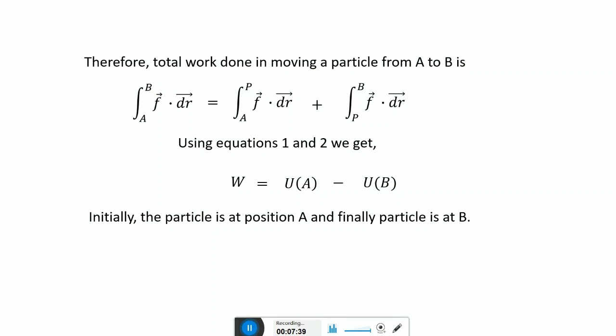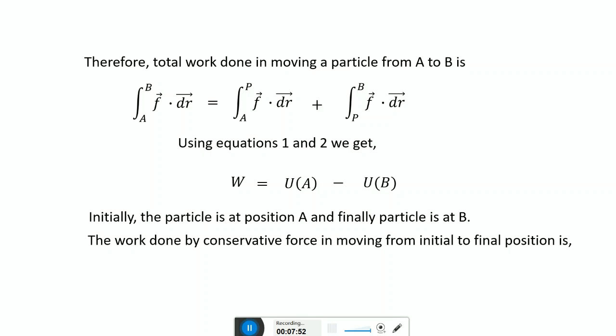Initially, the particle is at position A and finally the particle is at B. That means we can write U of A as UI and U of B as UF. The work done by a conservative force in moving from initial to final position is W is equal to UI minus UF, or minus W is equal to UF minus UI.